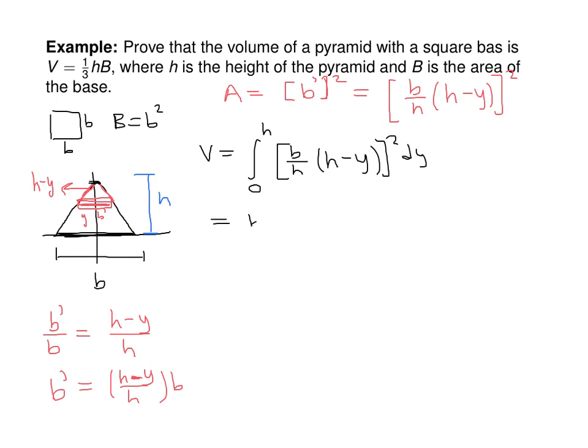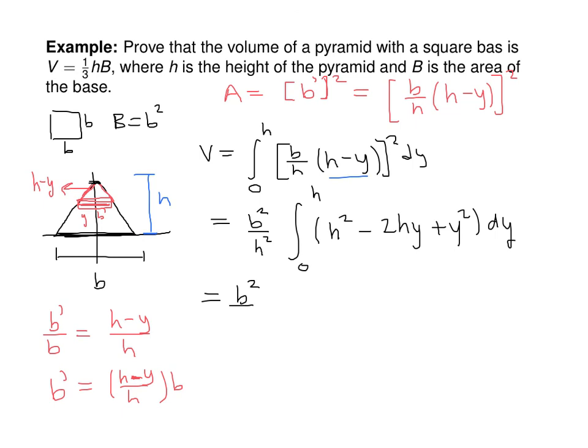And that gives us b squared over h squared. Those are constants, they can factor out of our integral, 0 to h. When I expand h minus y squared, I end up with h squared minus 2hy plus y squared dy. Now antidifferentiating, I get b squared over h squared times h squared y minus hy squared plus 1/3 y cubed from 0 to h.